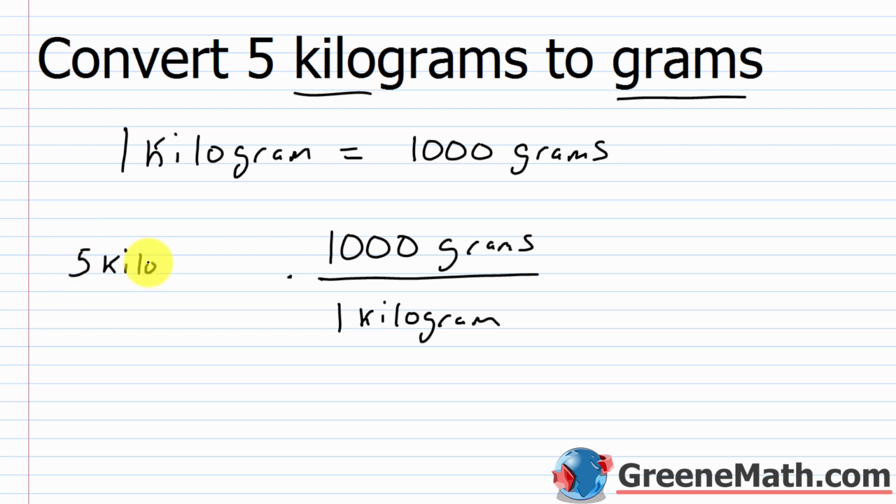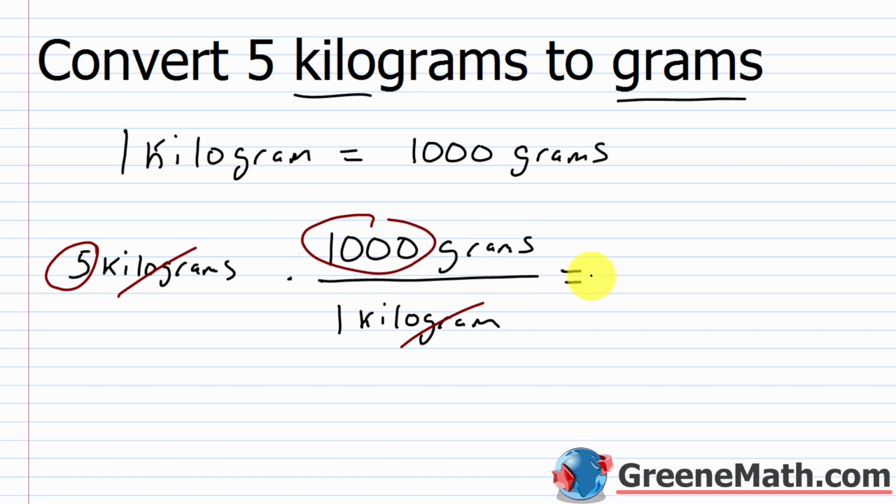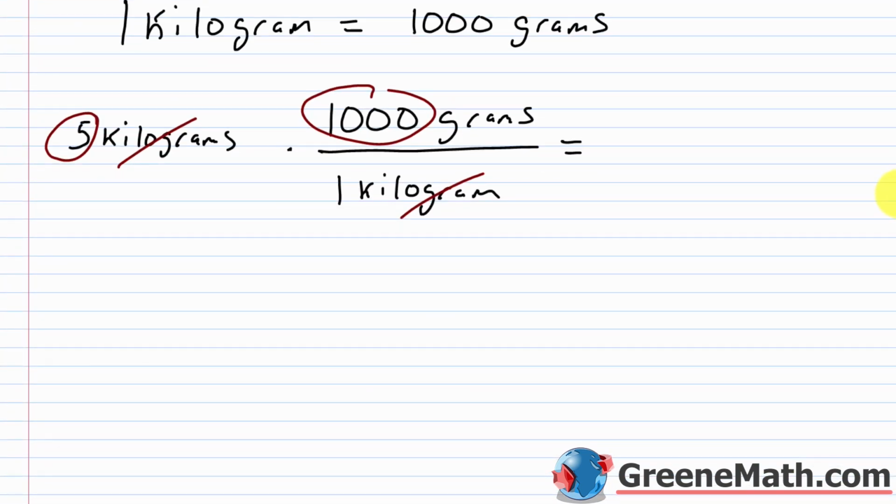And the units I no longer want are going to cancel. Kilograms and kilogram. And basically all I need to do is multiply 5 times 1,000, and then my units will be grams. So 5 times 1,000 is, of course, 5,000 grams. So that's pretty easy to do.